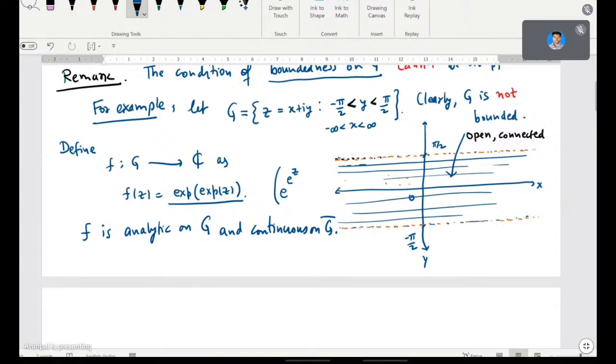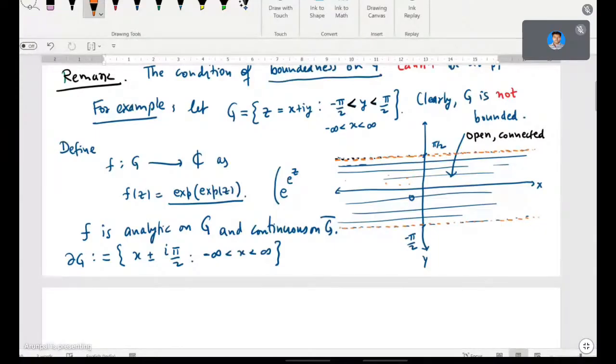Now class, what is the boundary of G? Clearly, you can see that the boundary of G is x plus minus i pi by 2, such that, right, the points which I have marked with the orange dots, this is the boundary.